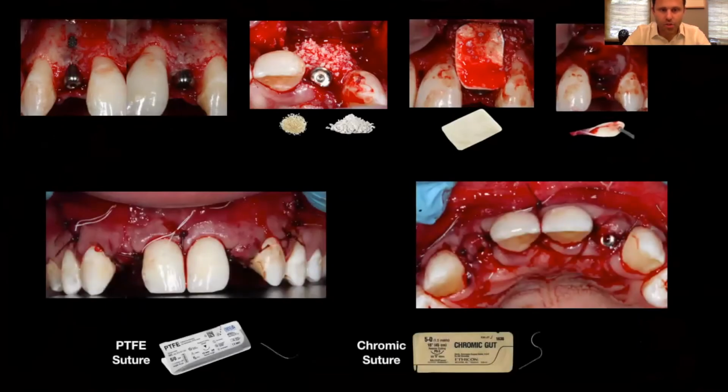And then the suturing. I used the deep vertical mattress suture in 3 areas, directly over the implant and in the middle as well, just to secure that area. And then the suturing everywhere else with chromic suture.